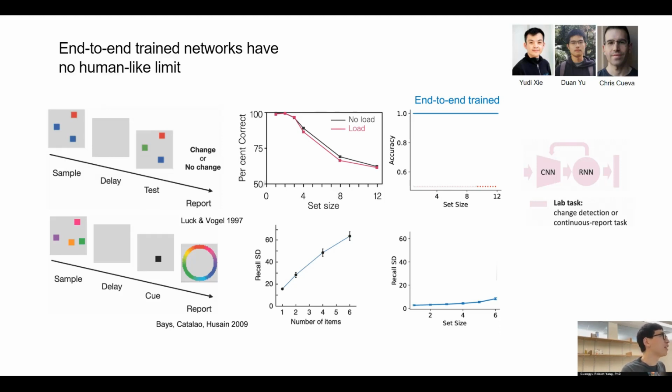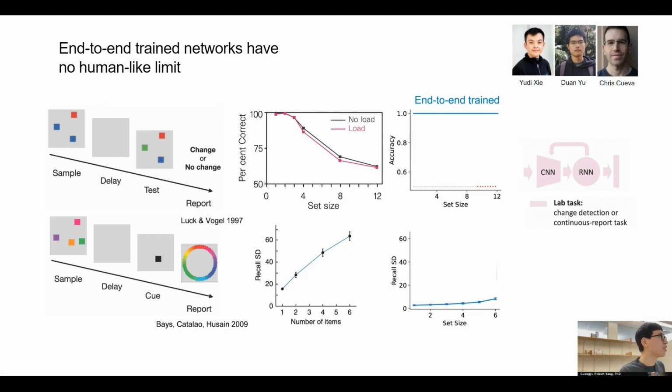But let's think about the hypotheses that others have proposed. One idea is that we have a limited number of spikes in the brain, and that's why we cannot remember this so well.